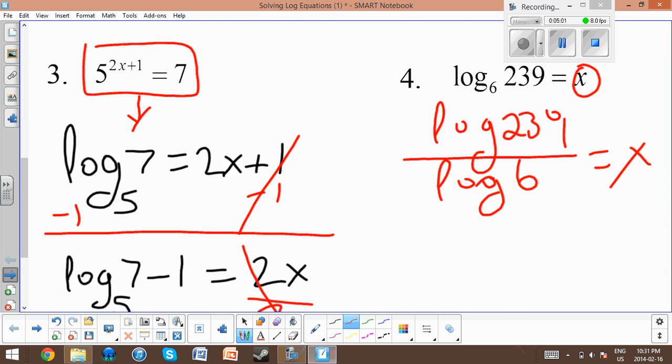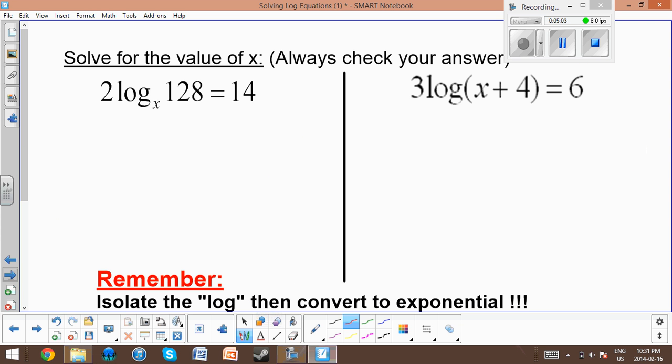Now let's go to today's lesson, where it's a log equation where a simple conversion will not suffice. We would have to eliminate this 2 in the front here before we do any change of base or change to exponential.